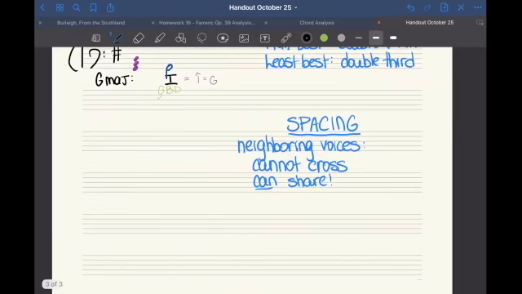Now, your last rule of neighboring voices is, so we've talked about how close they can get. They can share a note, but they can't cross one another. There's also a limit to how far apart they can get. So your neighboring voices have to be within an octave of one another.